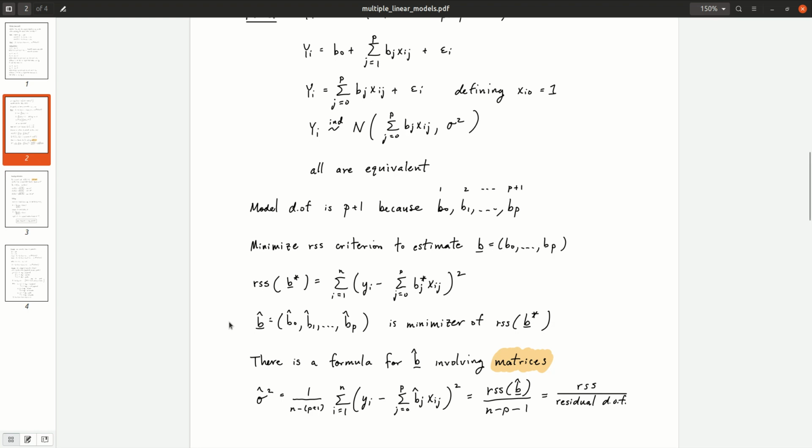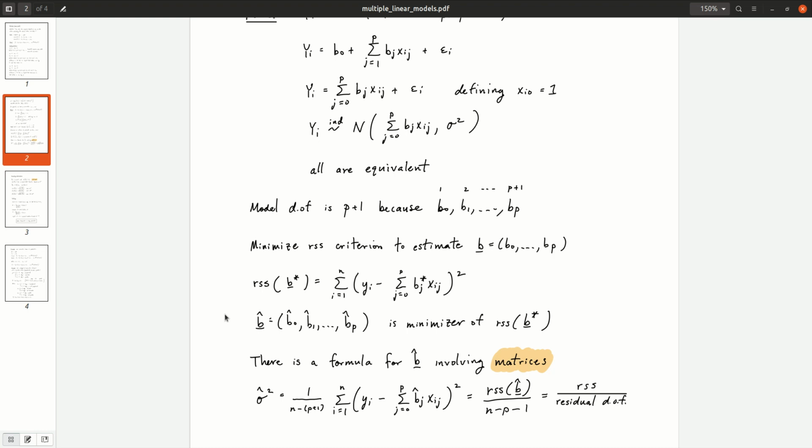Now before, when we did the model with no covariates and the model with one covariate, we were able to write down relatively simple formulas for the minimizers of the residual sum of squares criterion. In the multiple linear regression case, which is the more general case with p covariates, there is a formula for the vector of regression coefficients.